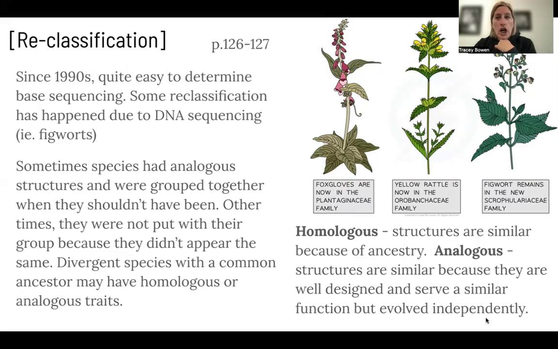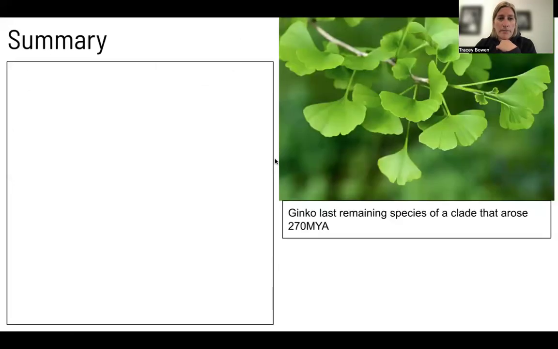This is like octopus eyes and human eyes. And other times they were not put with their group because they didn't appear to have the same types of characteristics, and they didn't always have homologous structures that were similar because of ancestry. So divergent species with a common ancestor may have homologous or analogous traits. Using DNA is always the best indicator for divergence timeframe and how closely they are related.